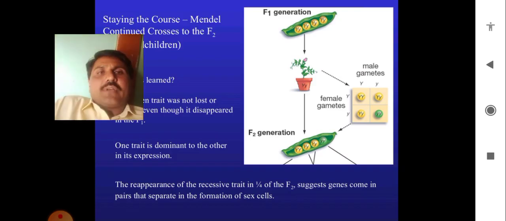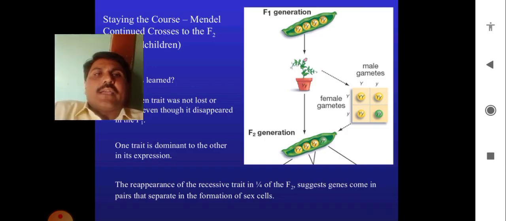What next, after self-fertilization of the F1 generation, the first filial generation? In the F2 generation, the pure characters, yellow and green, are expressed, though the dominant one is more frequent.